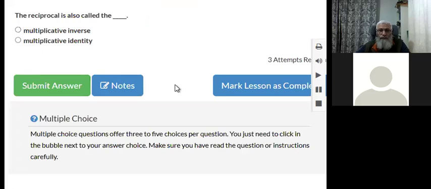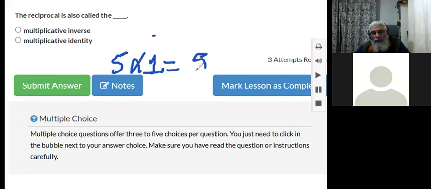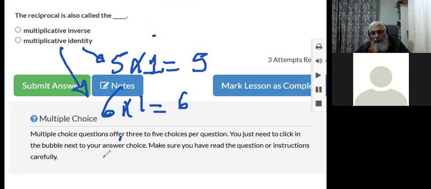Read. The reciprocal is also the multiplicative identity. Multiplicative identity means if you multiply 5 times 1, you get 5. If you multiply 6 times 1, you get 6. If you multiply by 1, you get the same number.